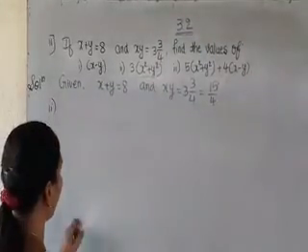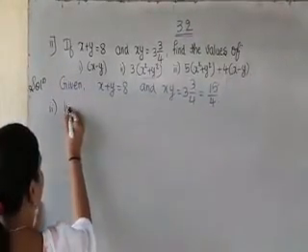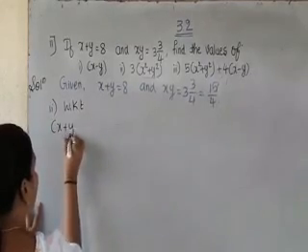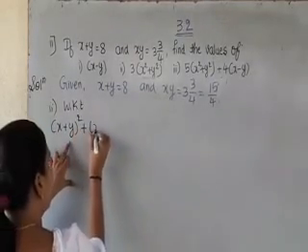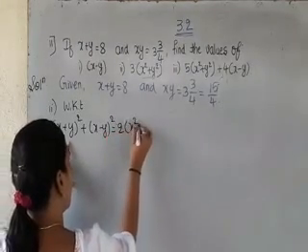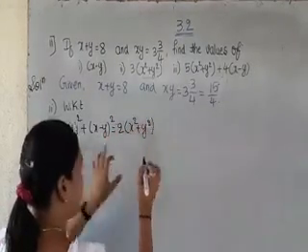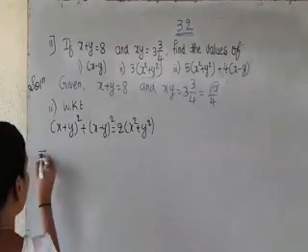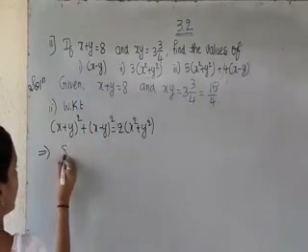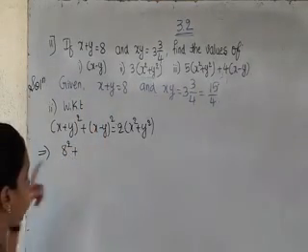Second question, we have to find 3 times (x square plus y square) value. So we have to use the identity (x plus y) whole square plus (x minus y) whole square is equal to 2 times (x square plus y square). This identity we have to use. Substitute the value of x plus y and x minus y. x plus y is 8, 8 square plus x minus y is what we just got, 7.